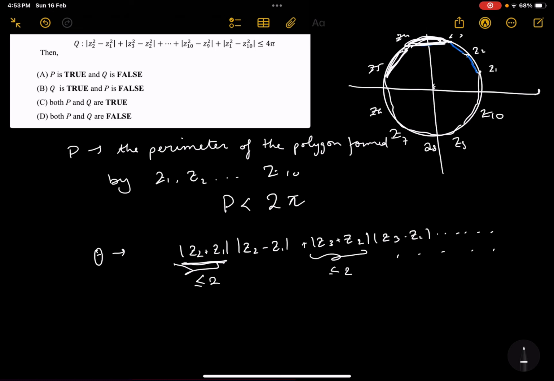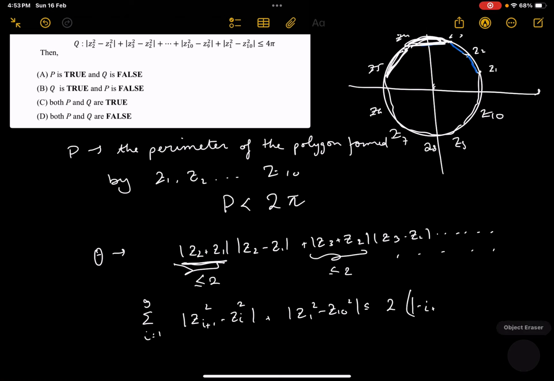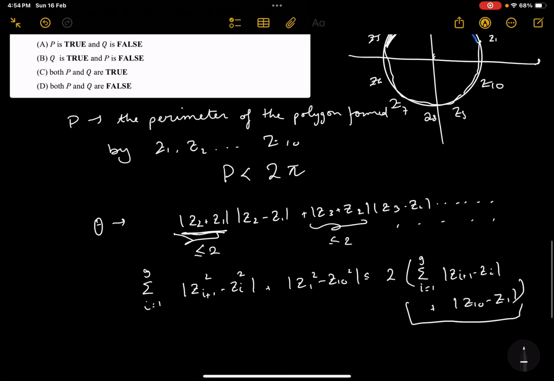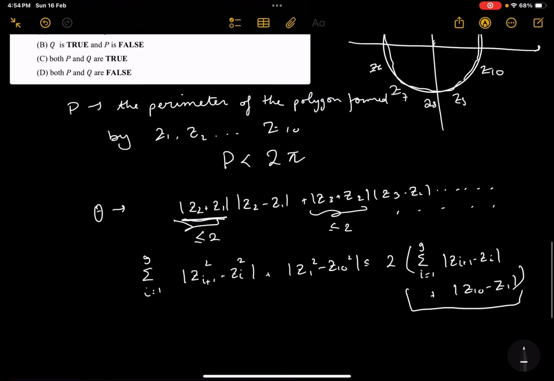So the expression in Q, the sum of modulus of z(i+1) minus z(i), plus the rest, is less than or equal to 2 times the sum, and from statement P you already know that this sum is the perimeter of the polygon, which itself is less than 2 pi.